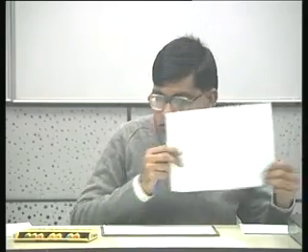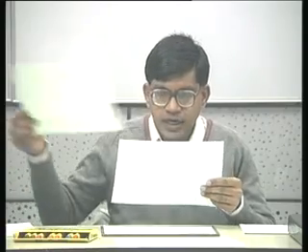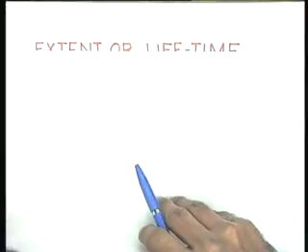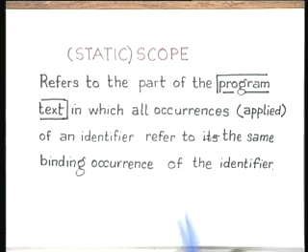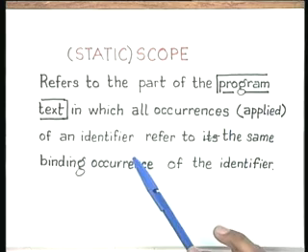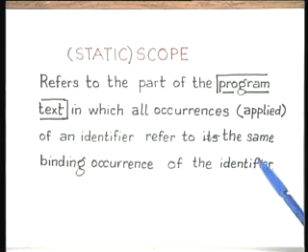But a related issue is that of the extent of an identifier, or the lifetime of an identifier, right. So, to put things more formally, static scope just means that part of a program text in which all applied occurrences of an identifier refer to the same binding occurrence of the identifier.